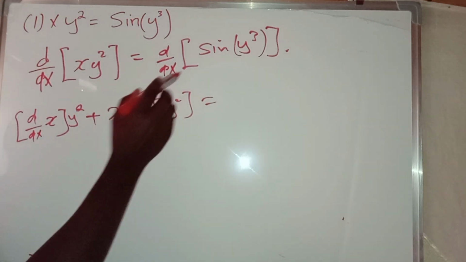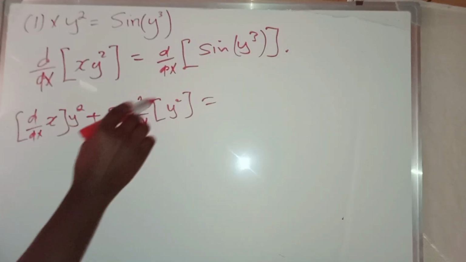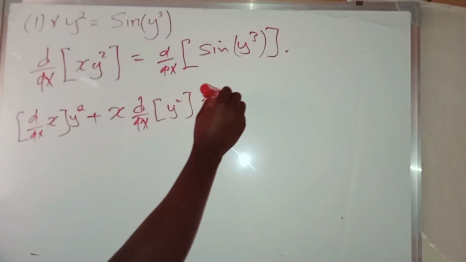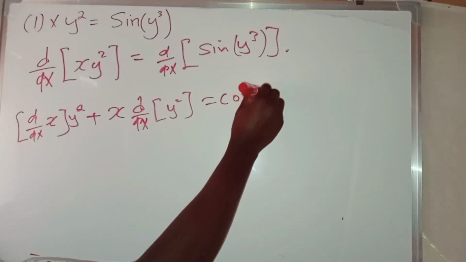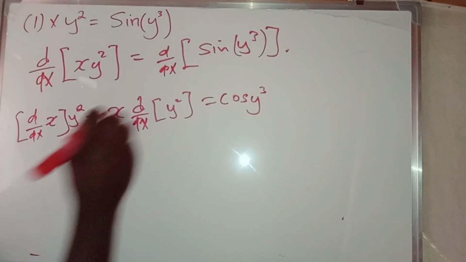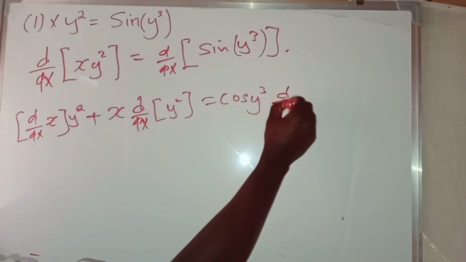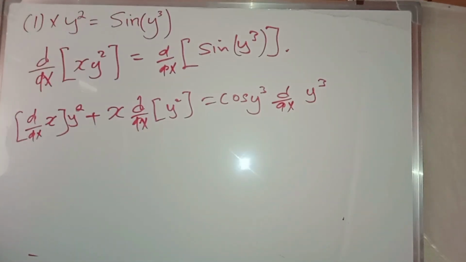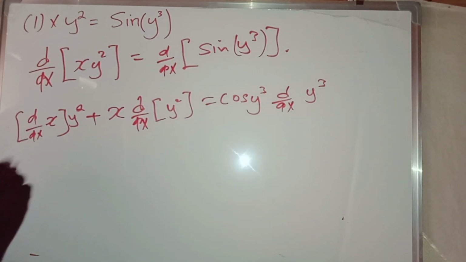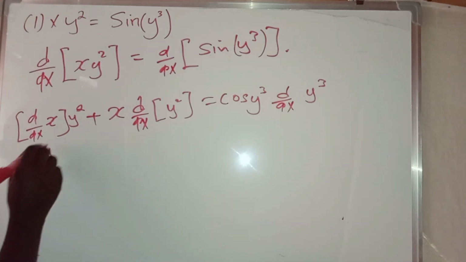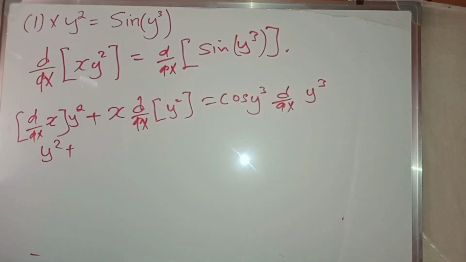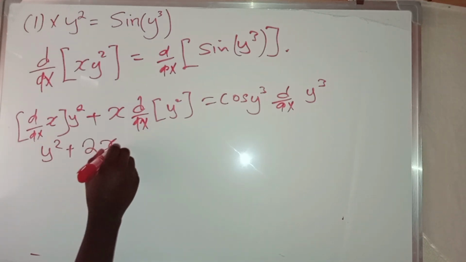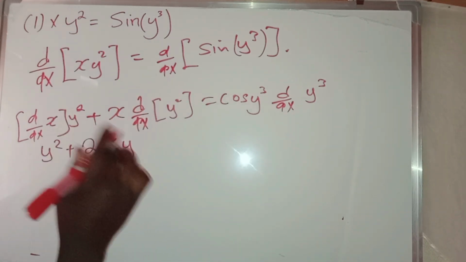So chain rule, you find the derivative of this in general. It will be cos y cubed multiplied by the derivative of y cubed. Are we together? So the derivative of x is 1, y squared, plus x times 2xy, the derivative of y squared is 2y.